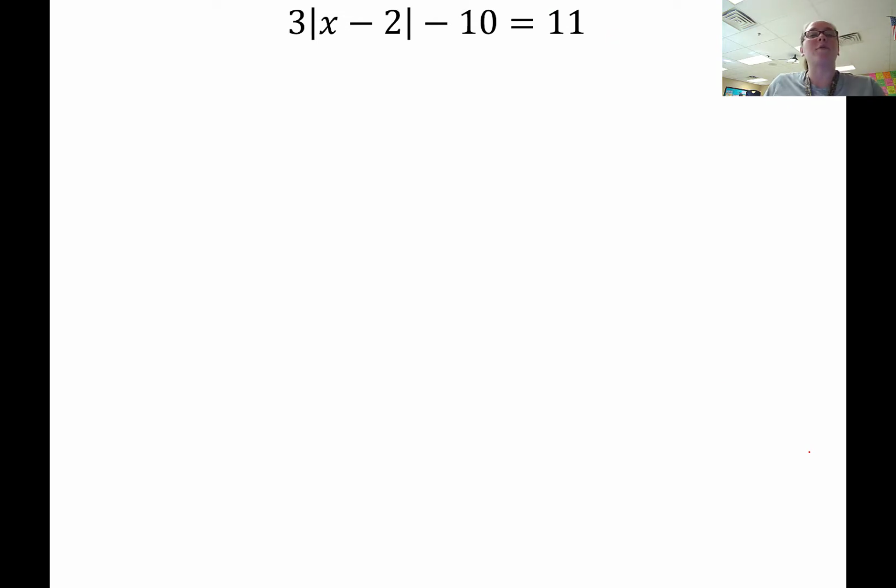Now notice I've got 3 times the absolute value of x minus 2, minus 10, equals 11. So I need to isolate the absolute value. So I'm going to add 10 to both sides.